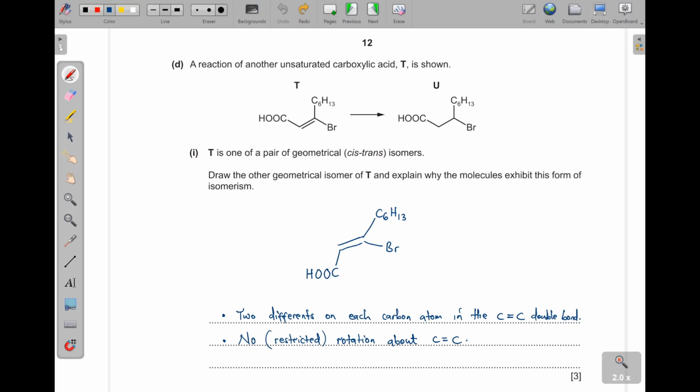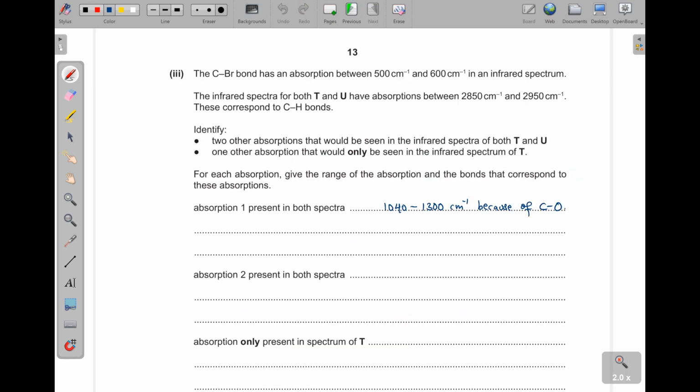And then we say that there is one at 2,500 to 3,000 per centimeter, okay, because of the RCOOH group. Okay, then absorption only present.